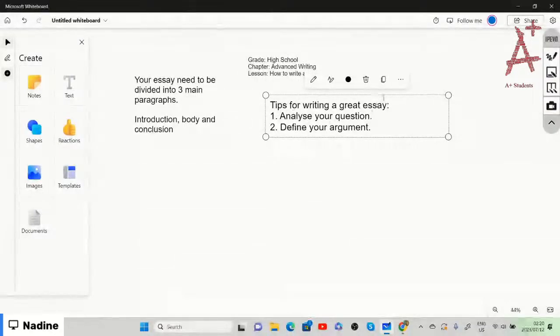So once you have analyzed your question, now you need to define your argument. What does this mean? Once you know what your argument means, then you will be able to link it with whatever you're going to be writing next. So define your argument.